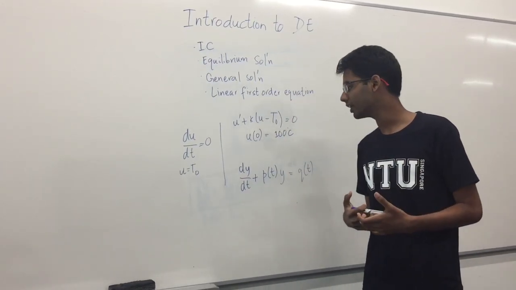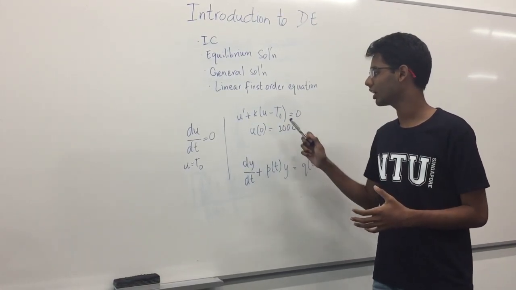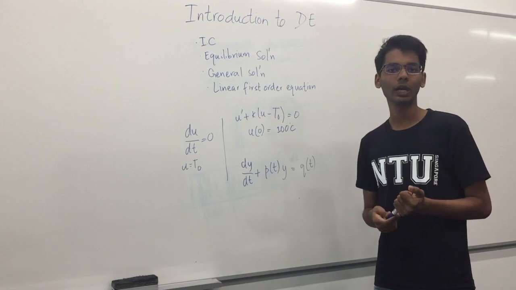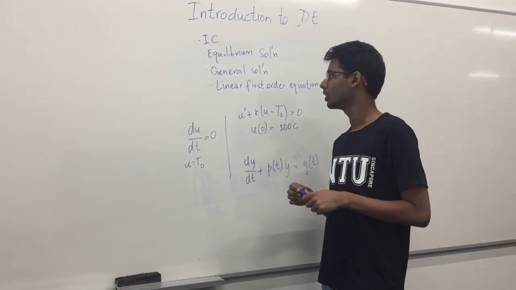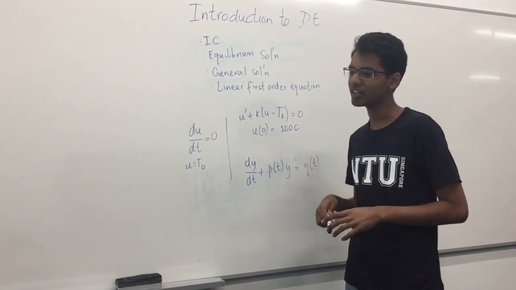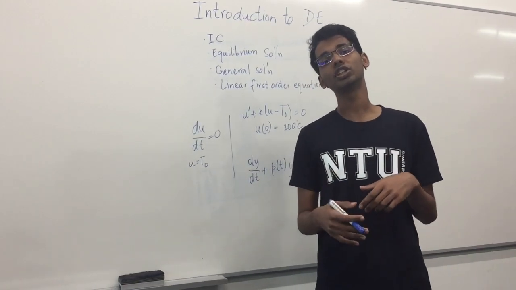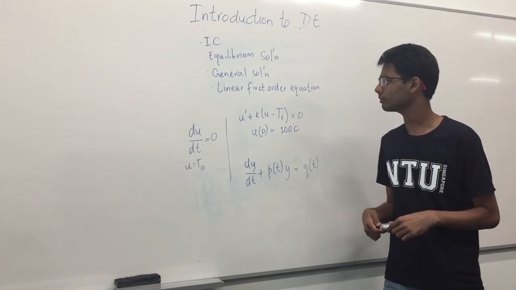Usually we give you certain things like k and normally T naught, but there can be some trick questions where you have to work the other way around. So that's all about the general solution. How do you define it? All possible solutions of a differential equation are known as the general solution.